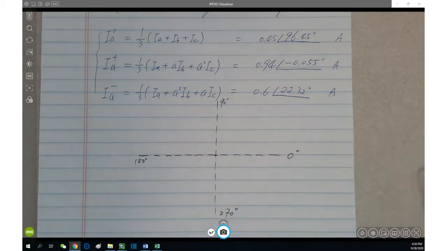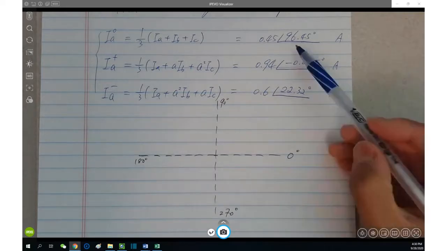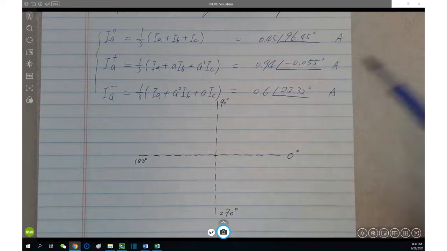Now, how to plot the first one, 0.45 magnitude with angle of 96.45 degrees? Listen very carefully. You're not plotting by seeing the first one and then plotting the first one. No, you're not doing that. That's likely to mess your graph up.